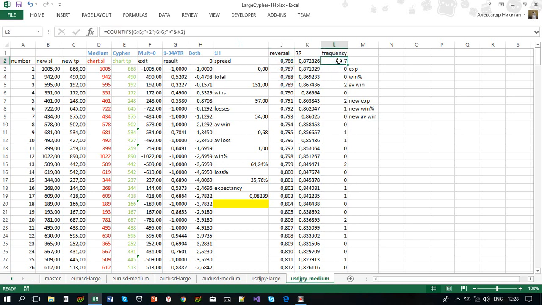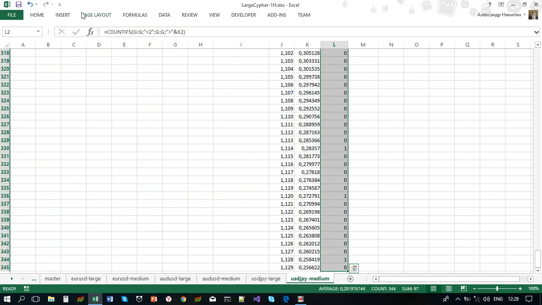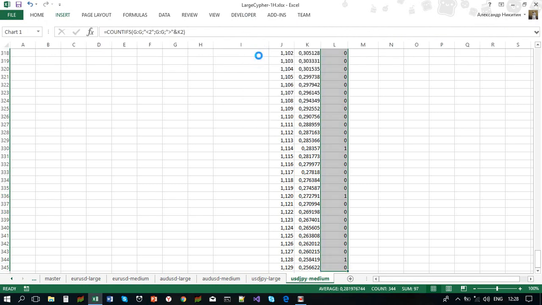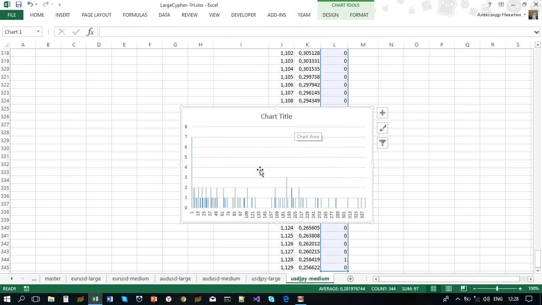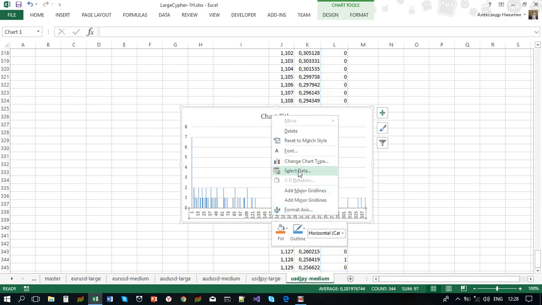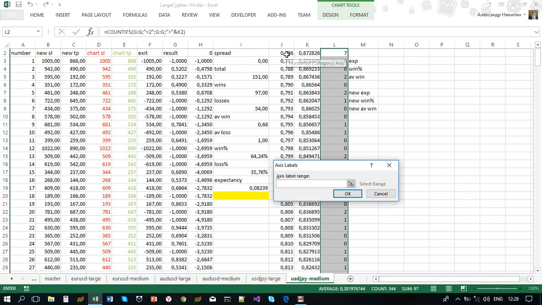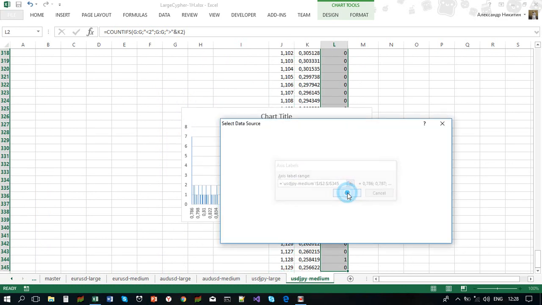So let's build a graph. Here's the graph, and let us see how often it reverses from that level. And you can see that the most often reversal, let me format that axis so you can see it.